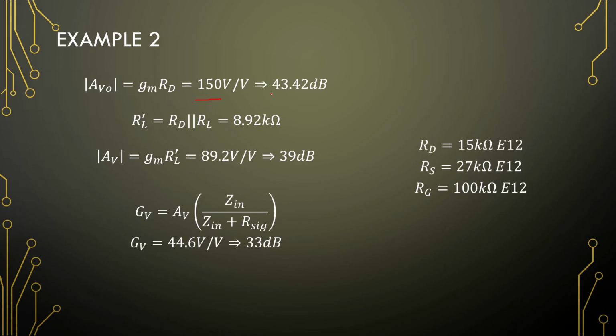That's 43 decibels. Taking the loaded gain give us 89.2 volts per volts, and with a matching input impedance that will take us down to 53 decibels or 44.6 volts per volts. So quick and nasty design for a common gate amplifier. Let's have a look at the simulation. This was also the final example of this video.